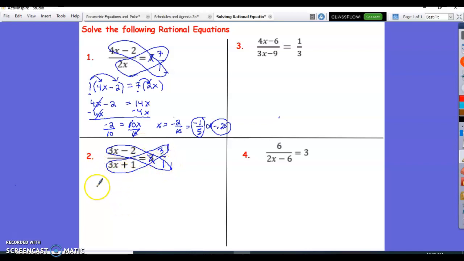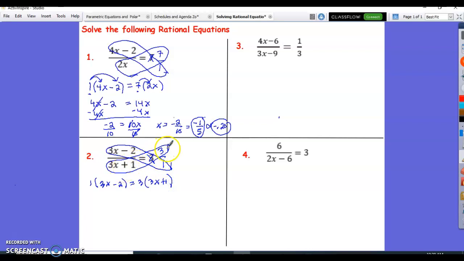All right, so now cross multiplying, I'm going to do 3x minus 2 times 1 first. So same manner that we did in our first one, I'm going to put 1 and then parentheses 3x minus 2 equals 3 times 3x plus 1.